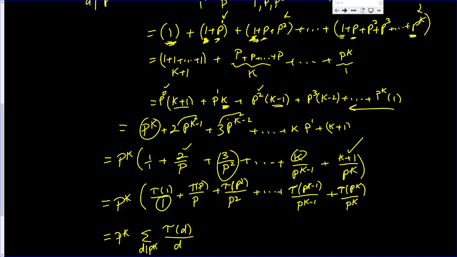These are all the divisors. It matches perfectly with the bottom, and whatever's in the bottom is what we're taking tau of: tau of p, tau of p squared, tau of p to the k minus 1. This is just what we wanted to show.